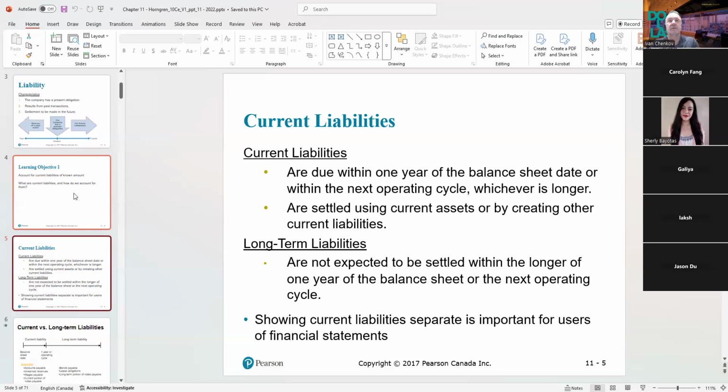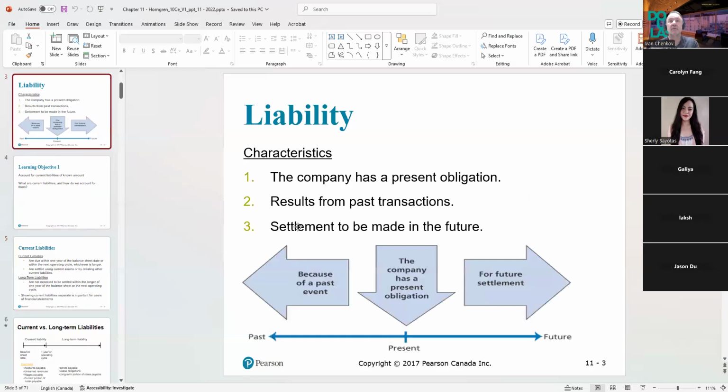So then you ask your question, when you add the reporting date, which is December 31st. Let's say the reporting date is December 31st. Does the company have an obligation on December 31st, resulting from something that the company did in the past, and the company has to settle it in the future within 1 year or current operating cycle, whichever is longer?